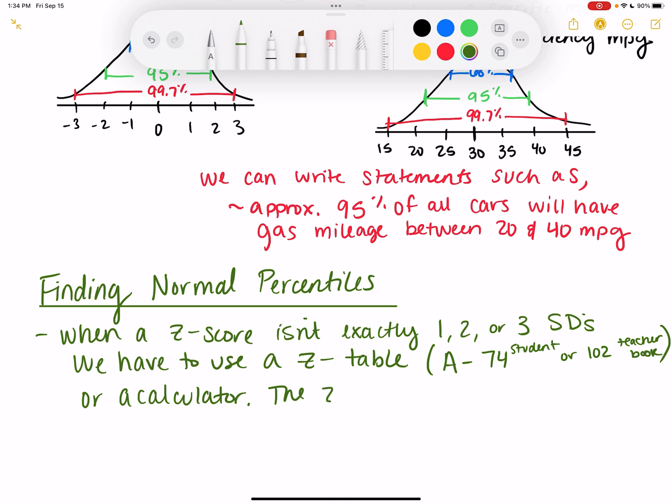The z-table tells you the percentile value for any z-score.